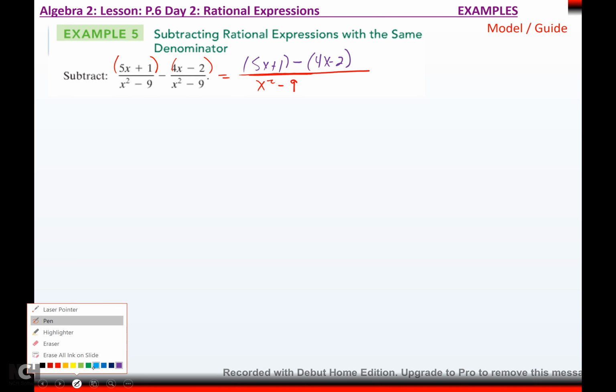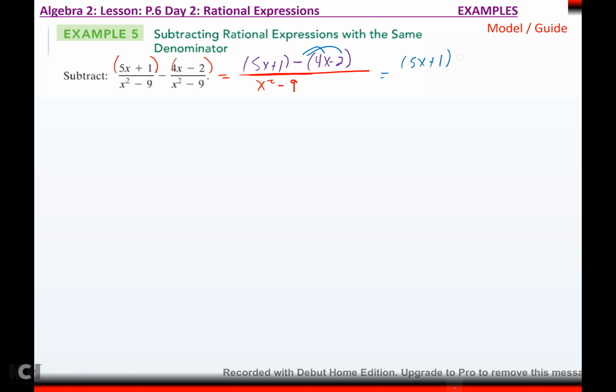If I clean up the top, distribute the negative, I'm going to have 5x plus 1 minus, I don't need parentheses, nothing's crawling there. So nothing distributes here. Distribute the negative is going to be minus 4x plus 2 all over x squared minus 9.